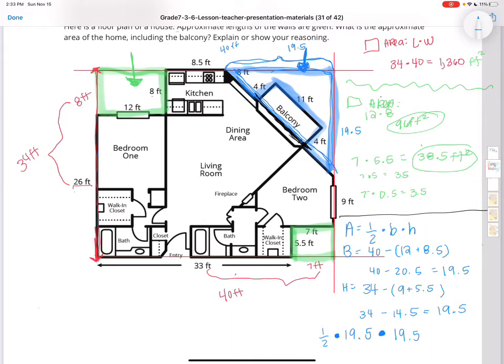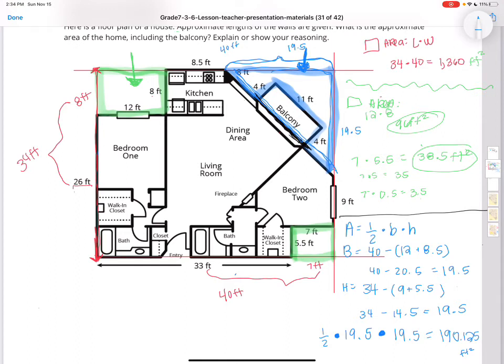That would give me 190.125 square feet. Now, this is the area of that whole triangle, but what we need to do is find the area of this balcony.